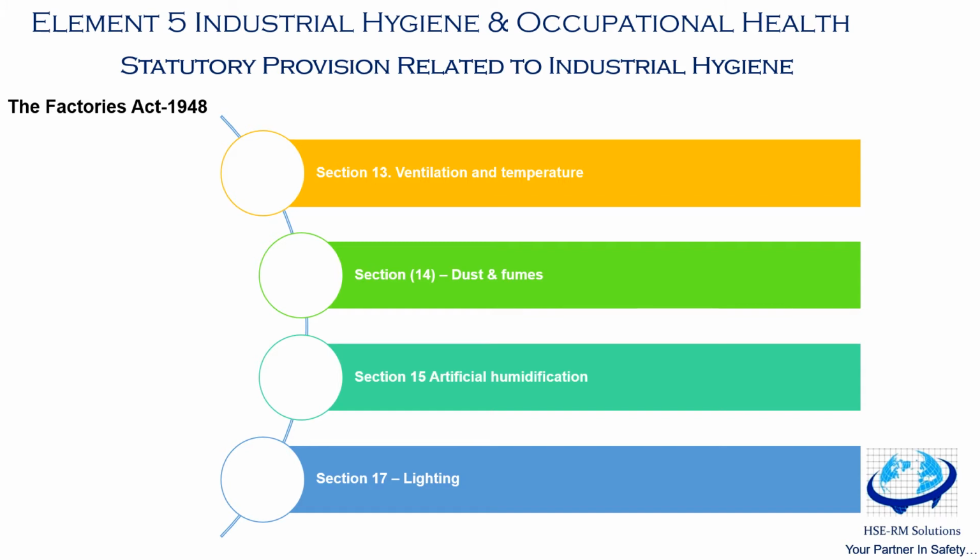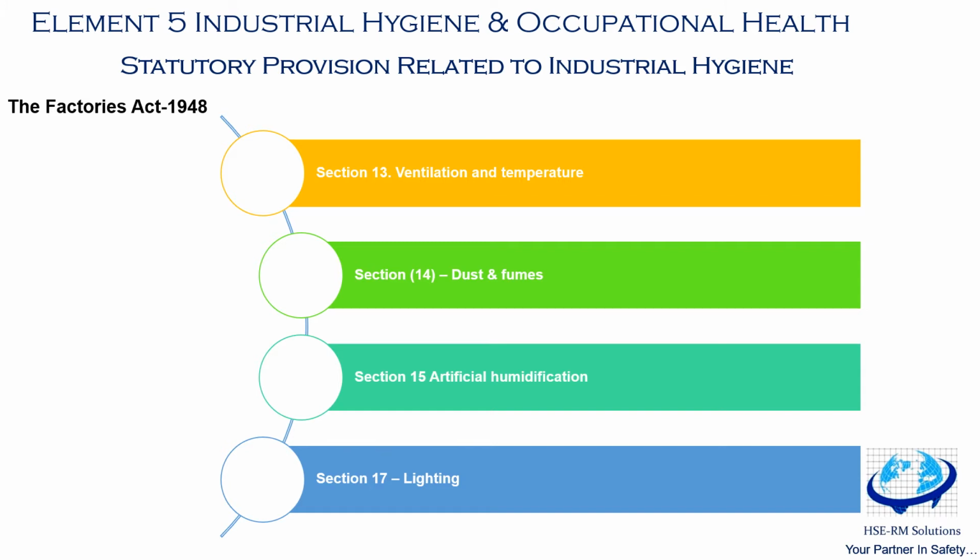Correct. Now, what does section 14 say about dust and fumes? In every factory in which, by reason of the manufacturing process carried on, there is given off any dust or fumes or other impurities of such a nature and to such an extent as is likely to be injurious or offensive to the workers employed therein, or any dust in substantial quantities, effective measures shall be taken to prevent its inhalation and accumulation in any workroom.